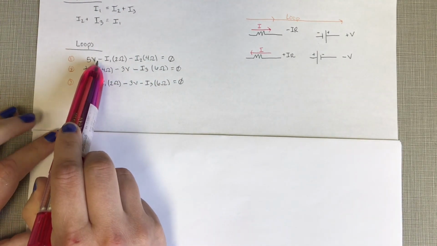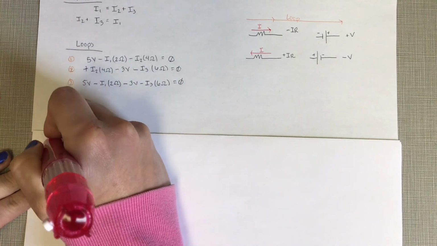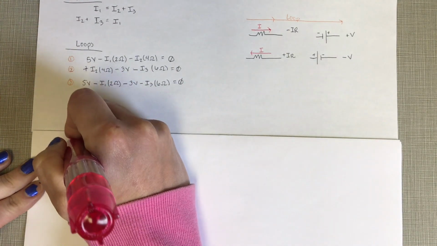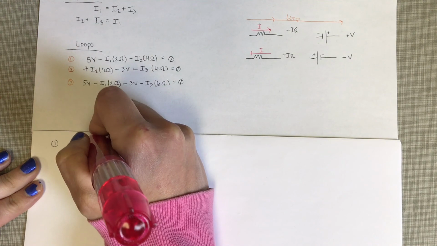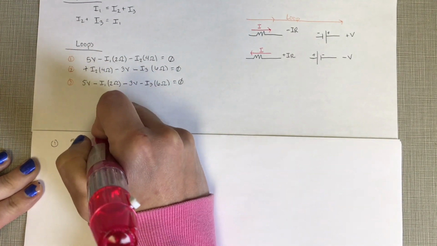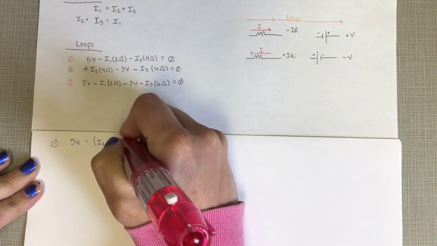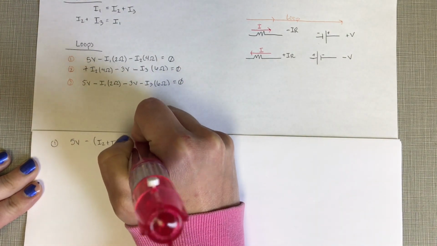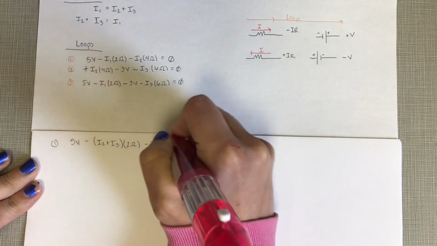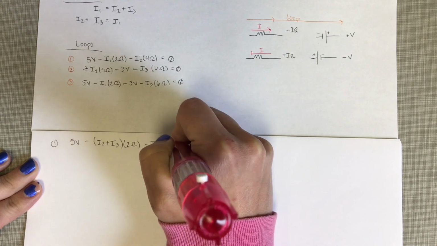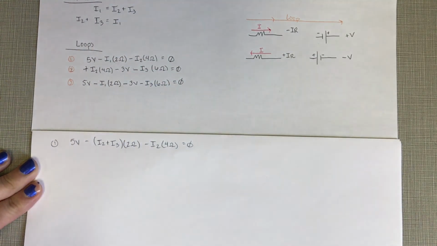So I'm going to stuff that in here. My equation number 1 becomes 5 volts minus I1, which is I2 plus I3, times 2 ohms, minus I2 times 4 ohms, is equal to 0.